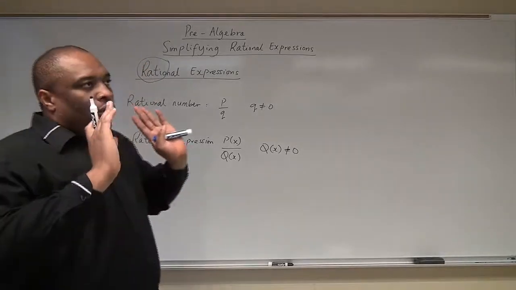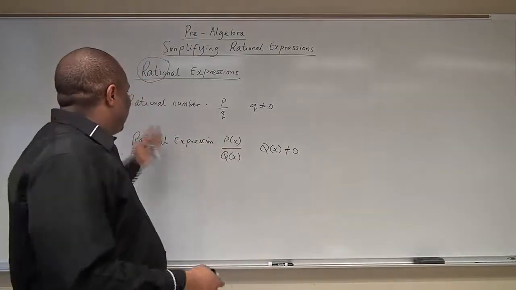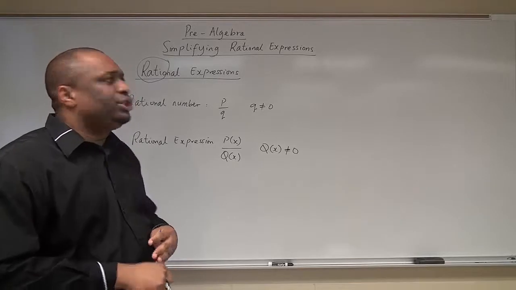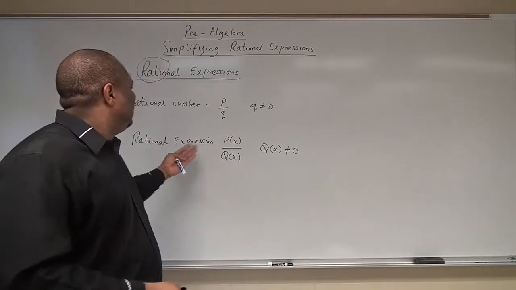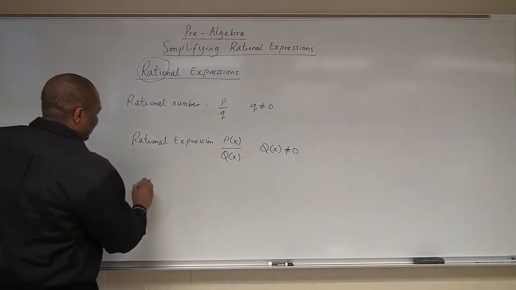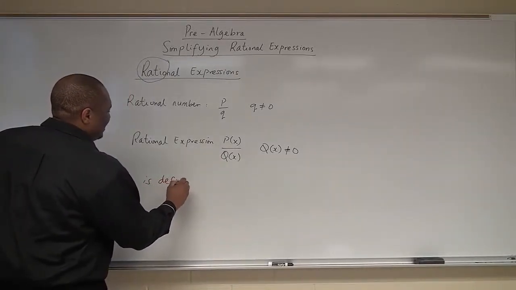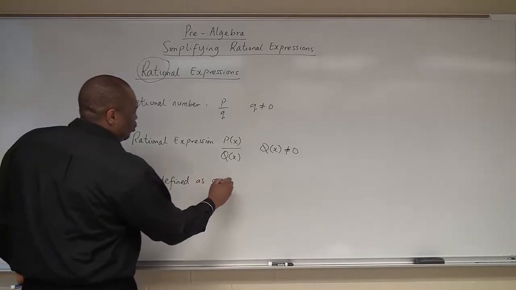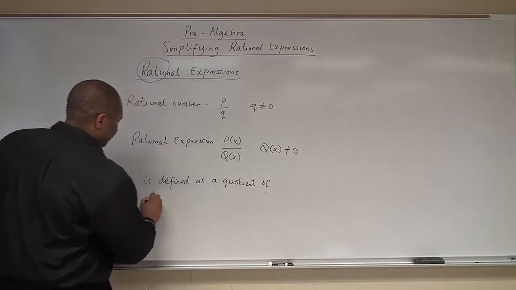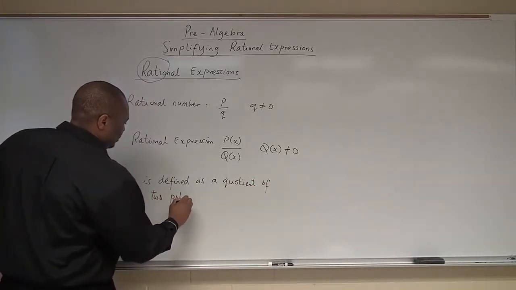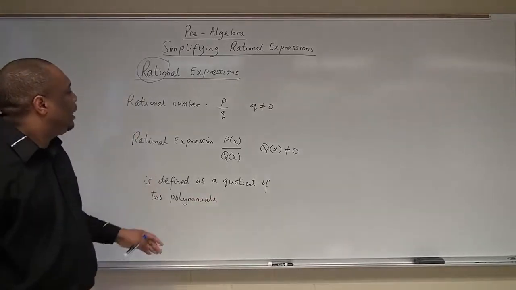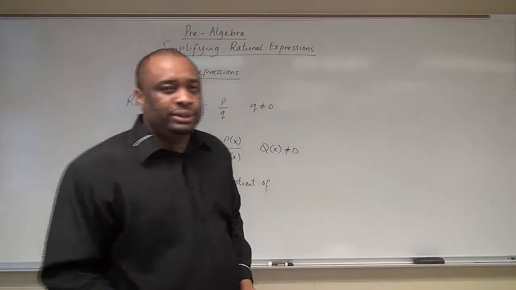So we are going to simplify rational expressions in this video, and we need a simple definition. A rational expression is simply defined as a quotient of two polynomials where the denominator is not equal to 0.